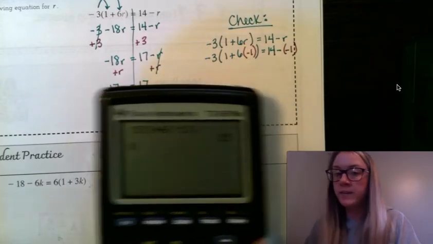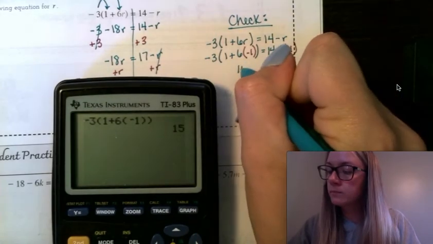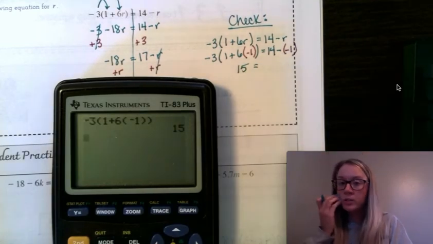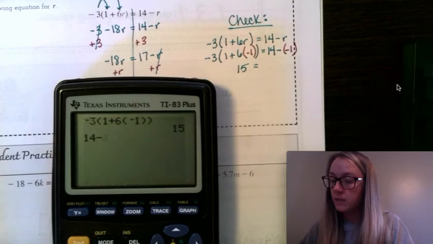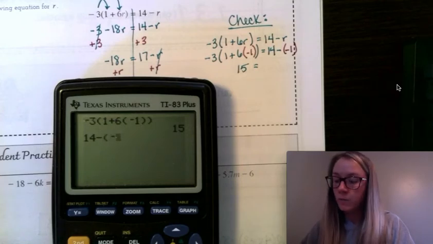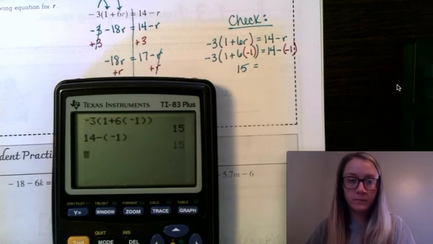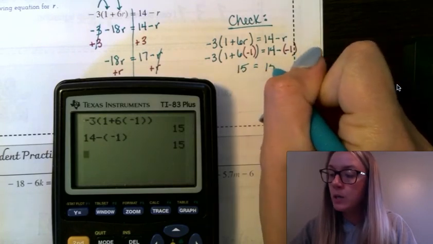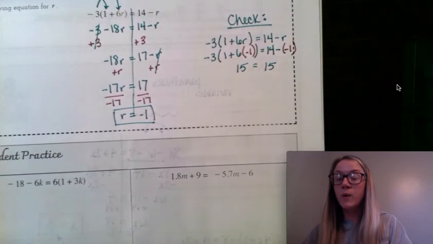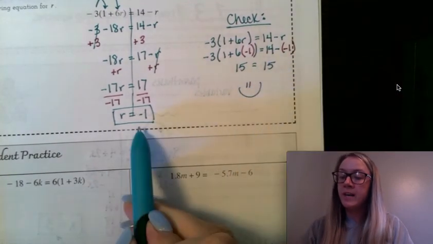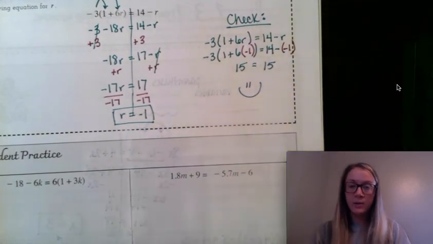So I'm going to write that down. And then I'm going to do the right-hand side. So 14 minus, and then parentheses, -1, and I get +15. So then I want to check, are they the same? Yes, they are. So I know for sure that I solved it correctly, and -1 is the correct answer for r.